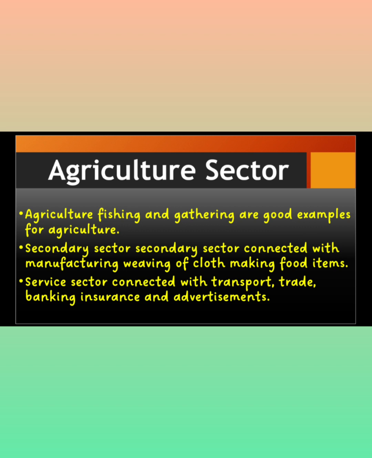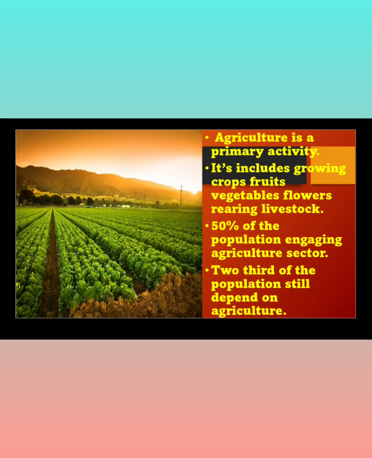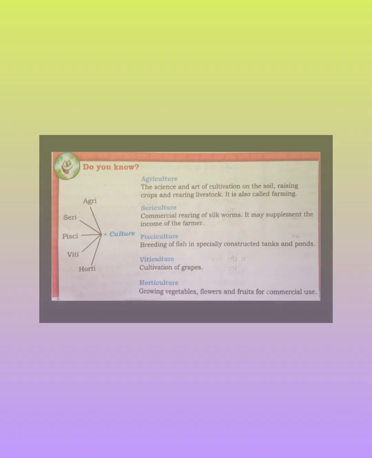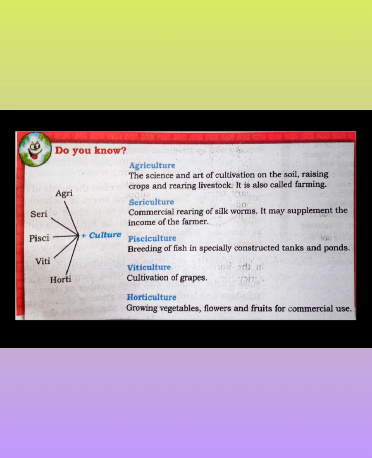Students, let us know about the farm system and types of farming. Agriculture is a primary activity. It includes growing crops, fruits, vegetables, flowers, and rearing of livestock in the world.